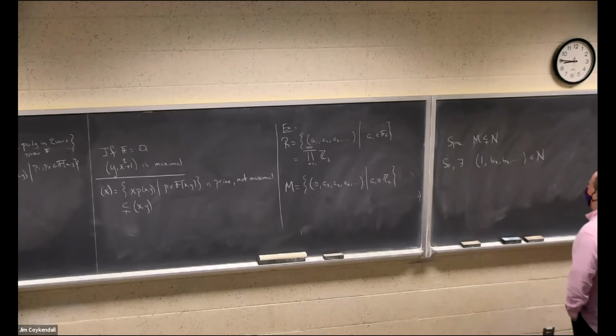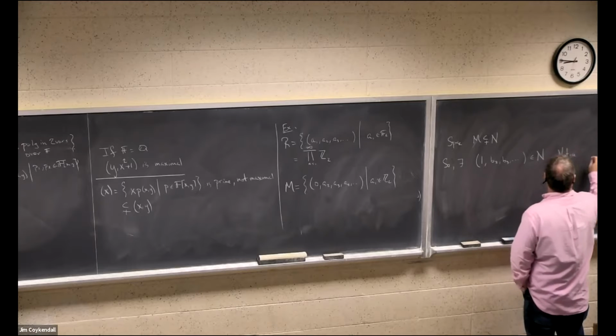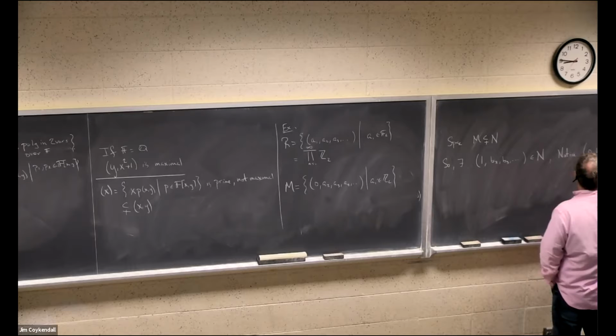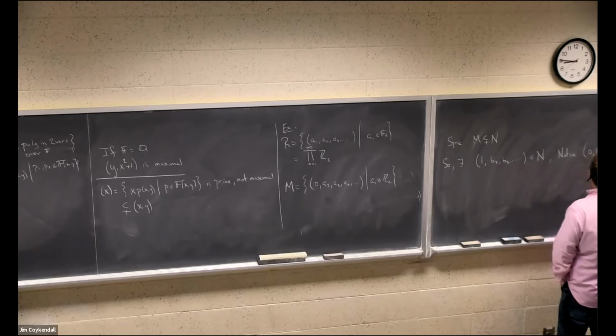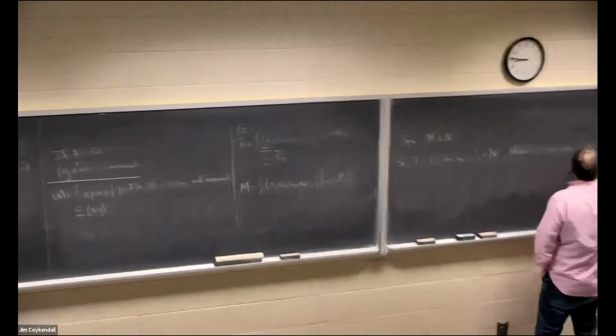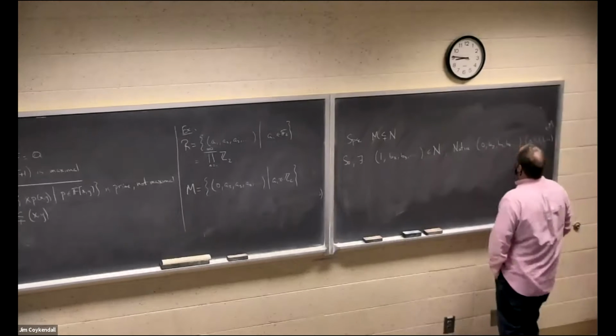And notice 0, B2, B3, B4, and 0, 1, 1, 1, whatever, are both in M. Everybody agree with that?